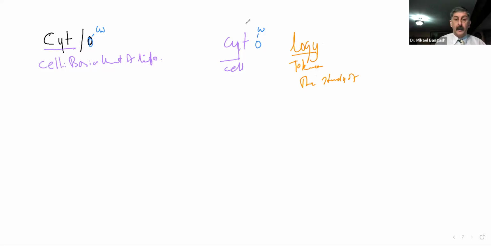Again, just as we had earlier an example, cytology. If you look at the word, it practically just means the study of cell. That's what the word may mean.